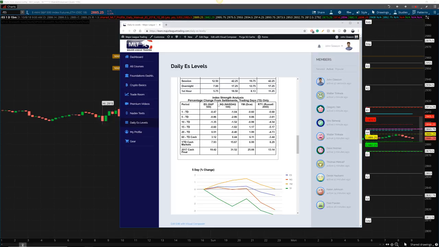Index strength, percentage change from the settlements. Now the Russell was down 0.68%, Dow down 0.6%, Nasdaq led the way, down a full percentage point, down 1.04%. S&P down a little less than 0.5%, 0.47%. Over the last 5 days, the Russell and Nasdaq are just getting crushed here.